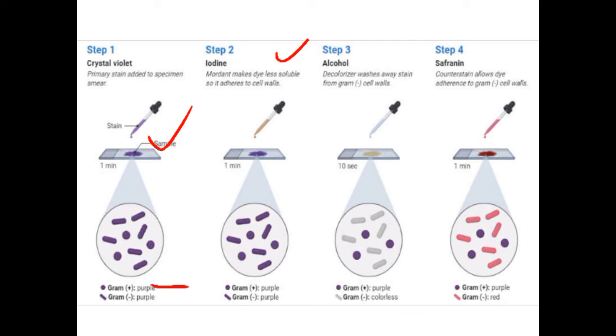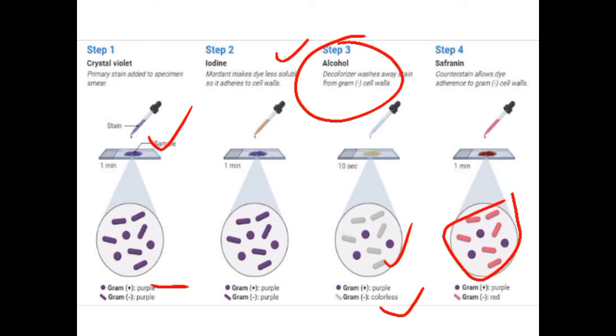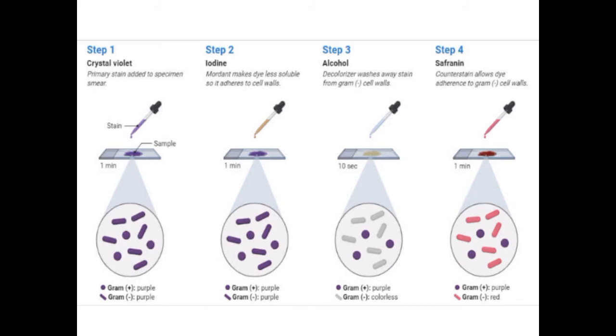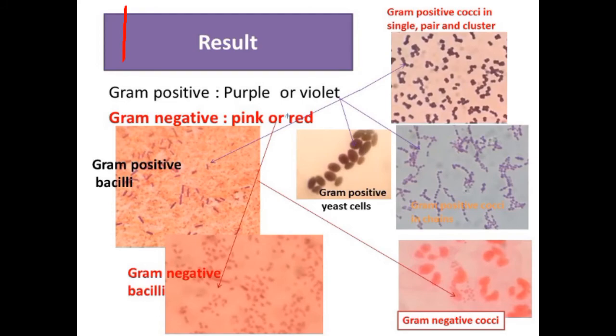The major difference between gram positive and gram negative is due to step 3. In step 3, the gram positive bacteria retain their purple color while gram negative become colorless and they take up saffranin or counter stain. After washing the counter stain, let the slide dry and examine the smear microscopically.